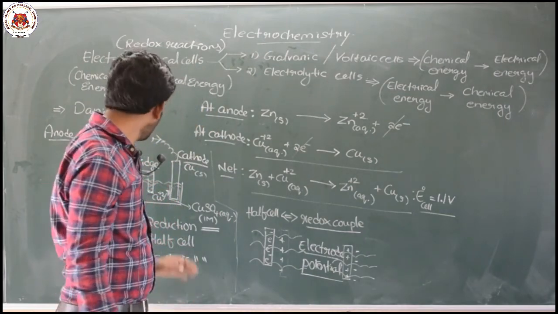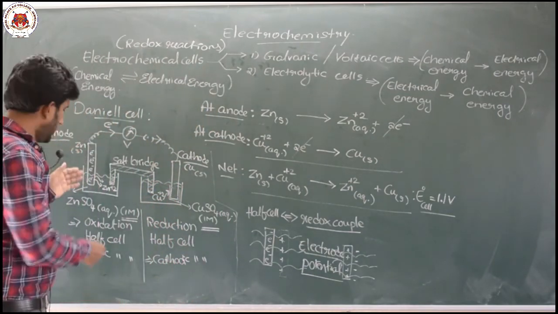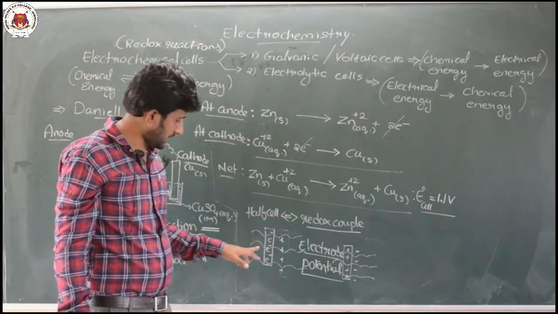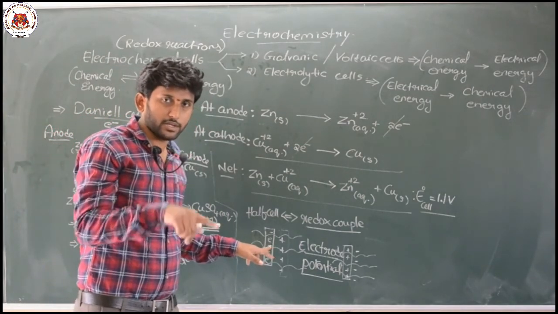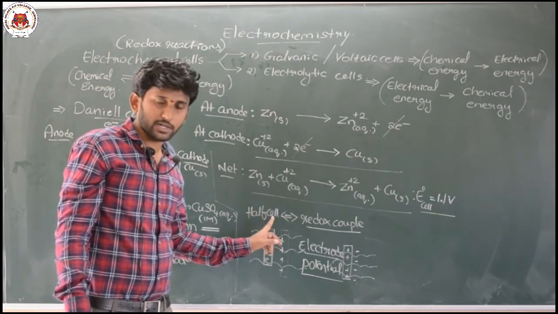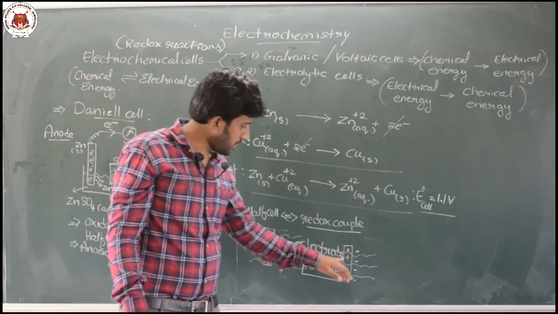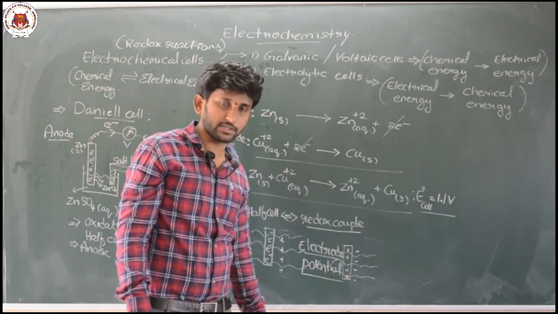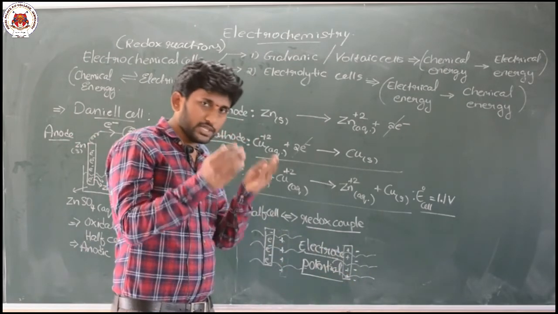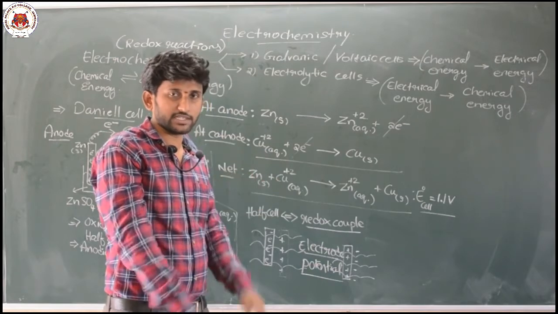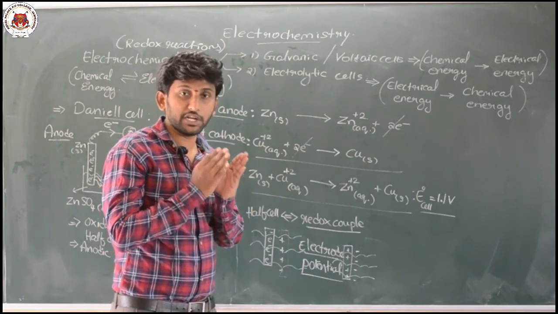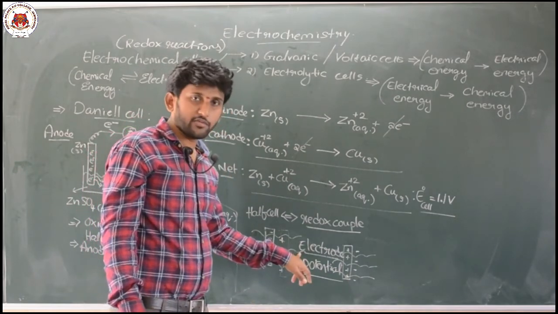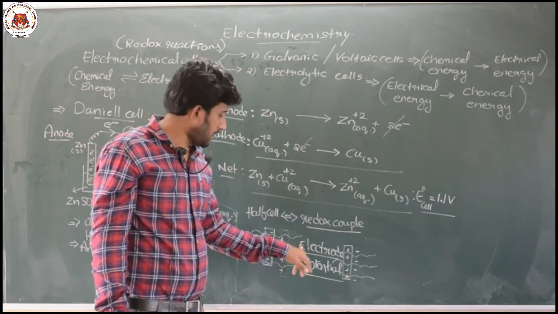So when any electrode is dipped in its solution, the electrode may acquire negative charge and get surrounded by positive ions, or the electrode may acquire positive charge surrounded by negative ions. Due to these positive and negative charges, a potential is generated. Such a potential we call the electrode potential.